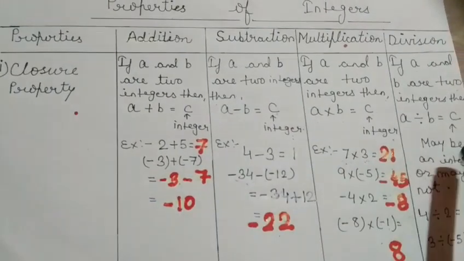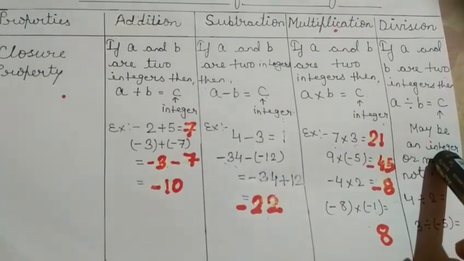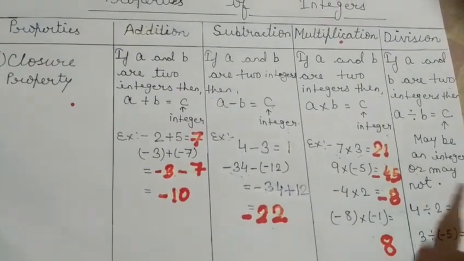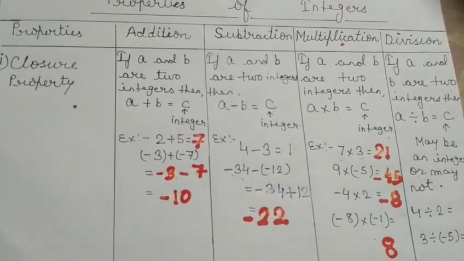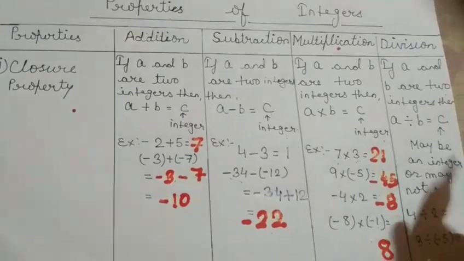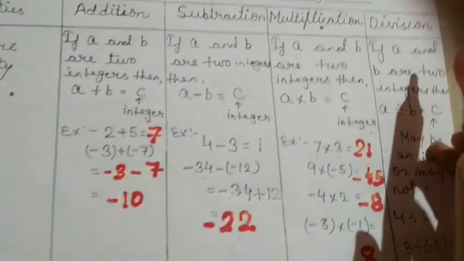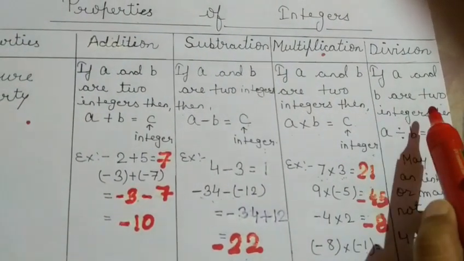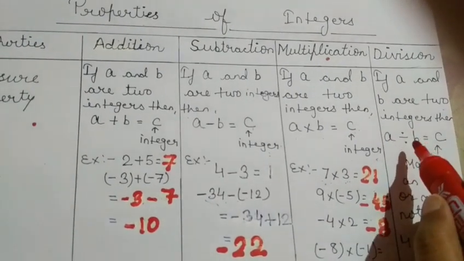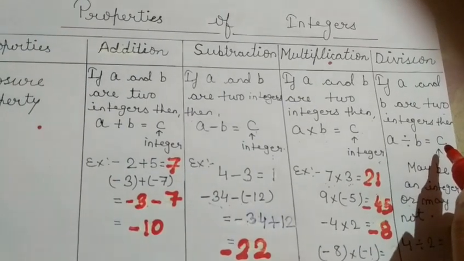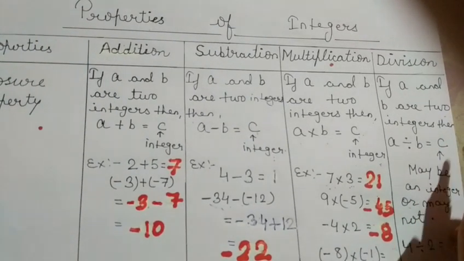Okay, our next and last operation is division. We will check here division will follow closure property or not. So we take here two integers a and b. We see here c. C is the resultant, that means quotient.